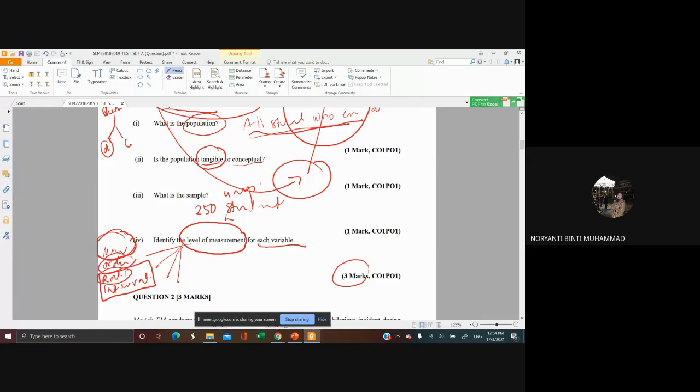UPSR, PMR, SPM, STPM, diploma, degree, master, PhD. So you can see there is order from the lowest until the highest. So that one will be ordinal. Make sure you know. Ordinal bila ada ordered. Tapi kalau dia boleh apa-apa, kategori tu, it becomes nominal. Alright? Is it clear? Yes.